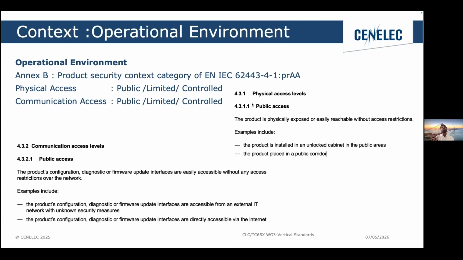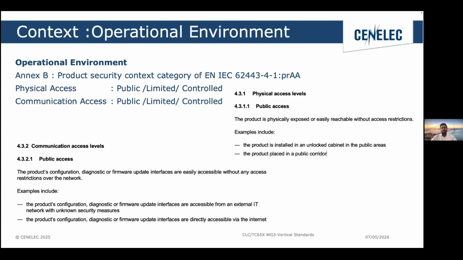And so we took the inspiration from 4-1 as a basis and defined what the operational environment for a product can be. If, for example, for the physical access, a product is physically exposed or easily reachable without any access restriction. We also managed to provide examples of the levels of physical access in the draft. So the product is installed in an unlocked cabinet in public areas. It means the product is physically accessible to the environment.